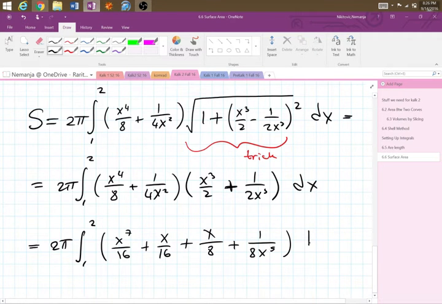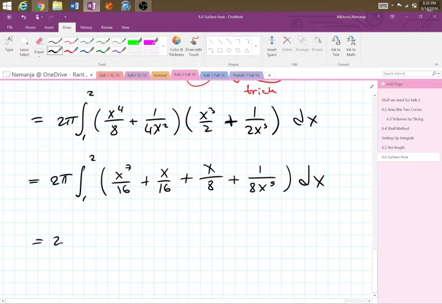dx. Now we integrate each one of these: 2 pi, open parenthesis, x to the 8 over 8. So x to the 8 over 8, 16 is 8 times 2, 8 times 8, 64 times 2, 128, plus x squared over 2, so 32, plus another x squared over 16, plus, that's a negative 5.